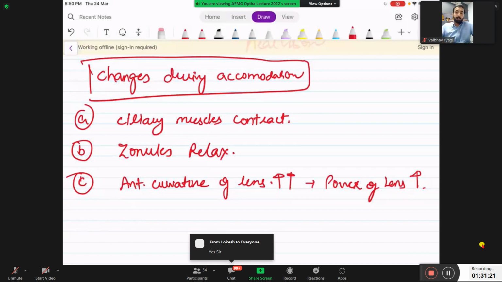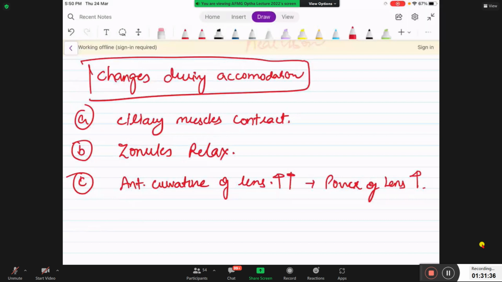So the total power of the eye is 60 diopters, out of which the cornea constitutes 43 diopters. So whenever the curvature of any structure of the eye increases, the power of that structure will increase. This is the second important change which happens during accommodation.